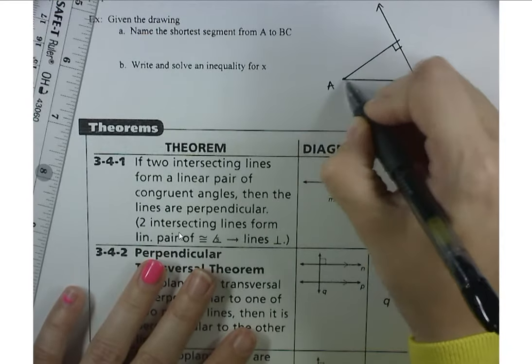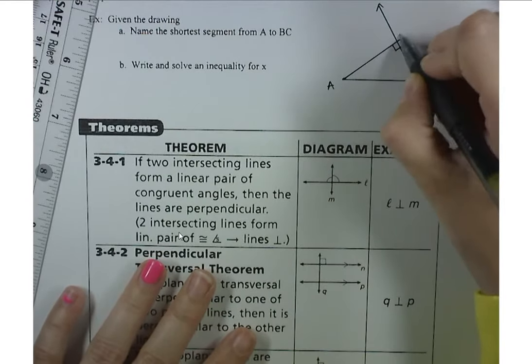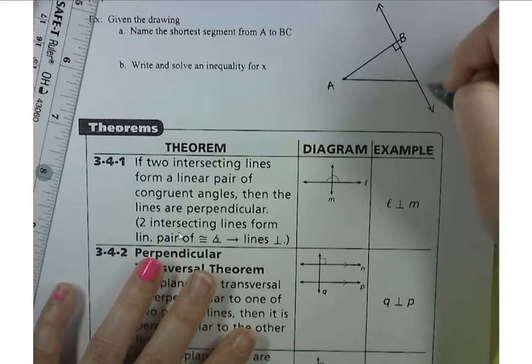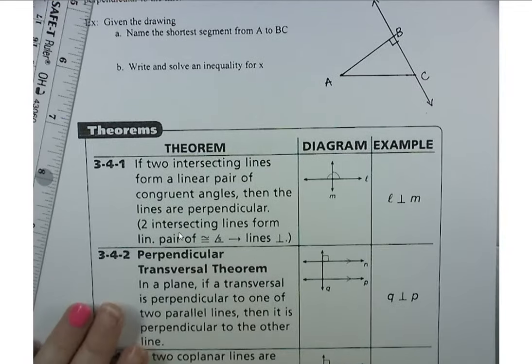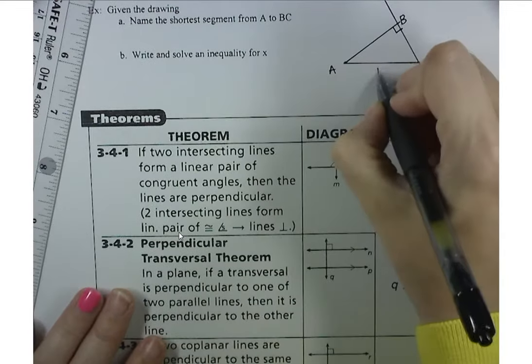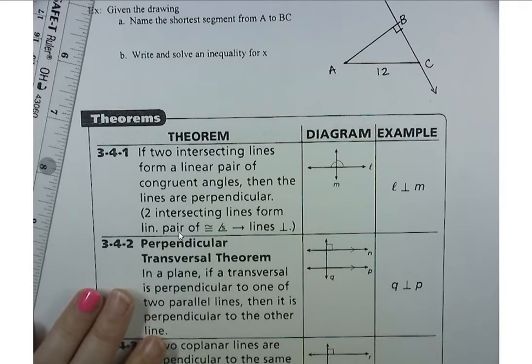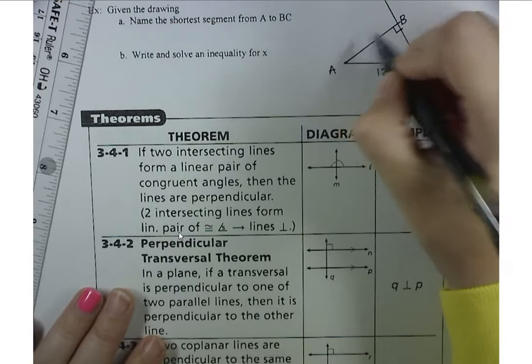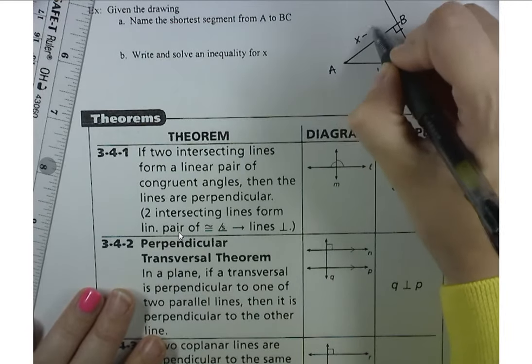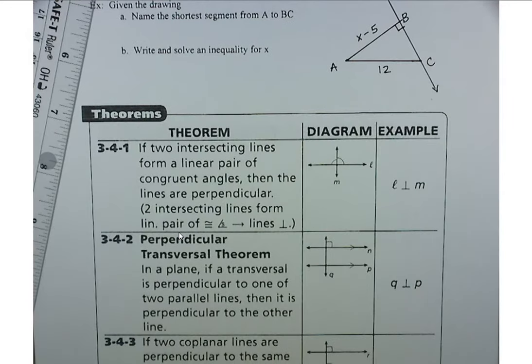This triangle is going to be A, B, C. And then you're given that AC is 12. And then AB is going to be x minus 5.